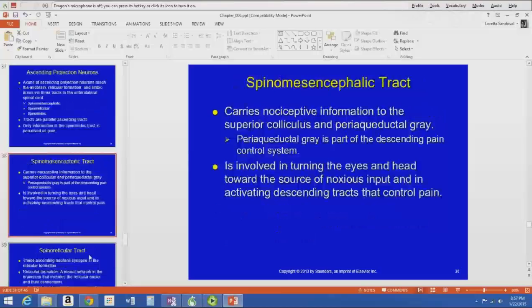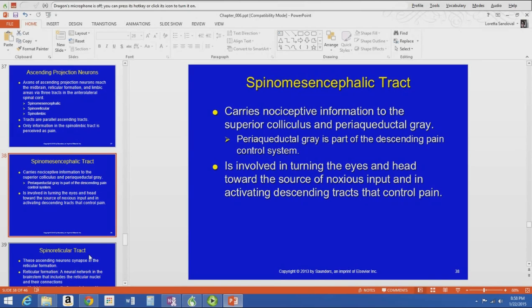Okay? So the Spinomesencephalic Tract carries nociceptive information, that's that pain, danger, damage information, to those two areas in the brain, which I do not expect you to be aware of. You don't have to remember those names, except just know that the periaqueductal gray area, which I abbreviate as PAG in other places, is part of the descending pain control system, which we'll talk about.